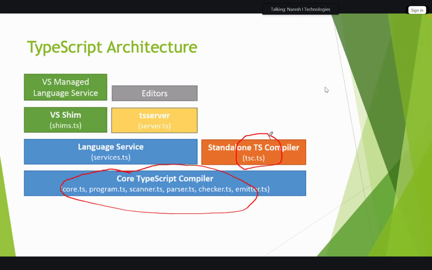If you have to convert TypeScript into JavaScript, then you need a trans compiler, TSC. That means the TypeScript standalone trans compiler is responsible for converting TypeScript code into JavaScript. After successfully compiling, it will convert the code into JavaScript. So you have two compilers: one is the core compiler, the other is standalone.